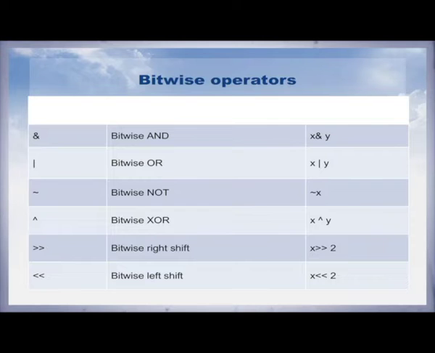They are bitwise AND, bitwise OR, bitwise NOT, bitwise XOR, bitwise right shift, bitwise left shift. Also note how to write these operators in Python, and an example can also be seen on the console. Let us see how to work with these operators and also note how these operators work on individual bits.